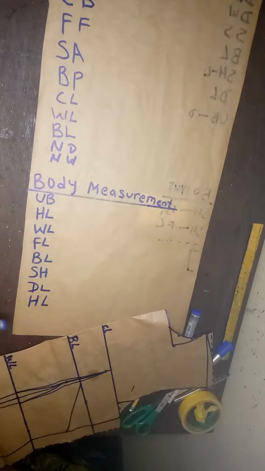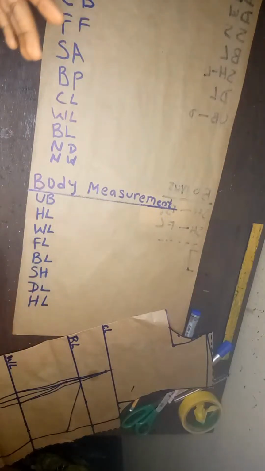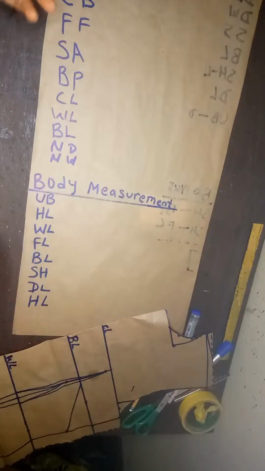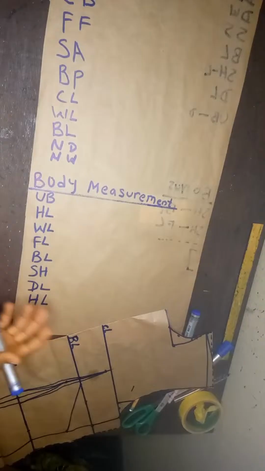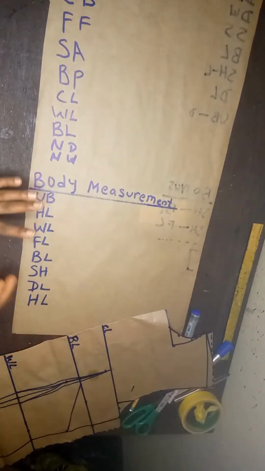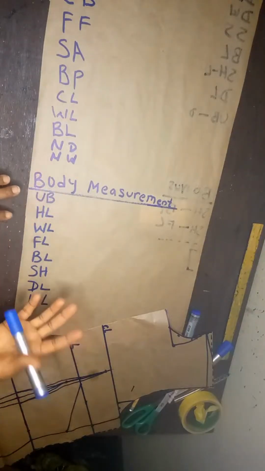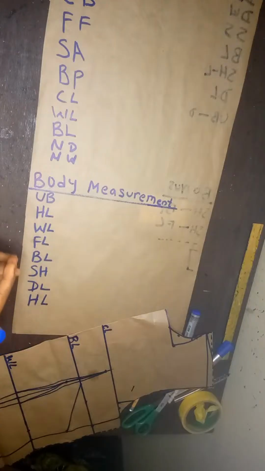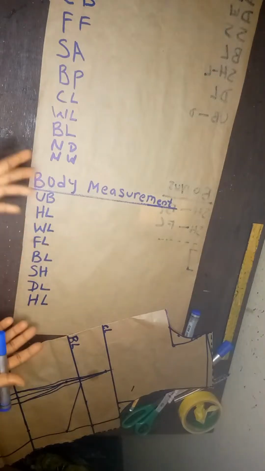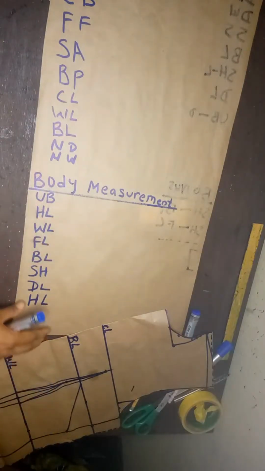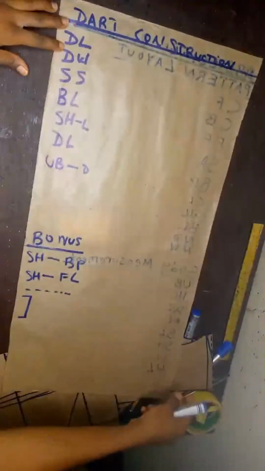The first part is my pattern layout, that is the abbreviations that usually come up when drafting patterns, and also body measurements. Sometimes it's hard to read body measurements because maybe you're not the one that put down the measurement, and you see some of the abbreviations and wonder what they are or what they are used for.